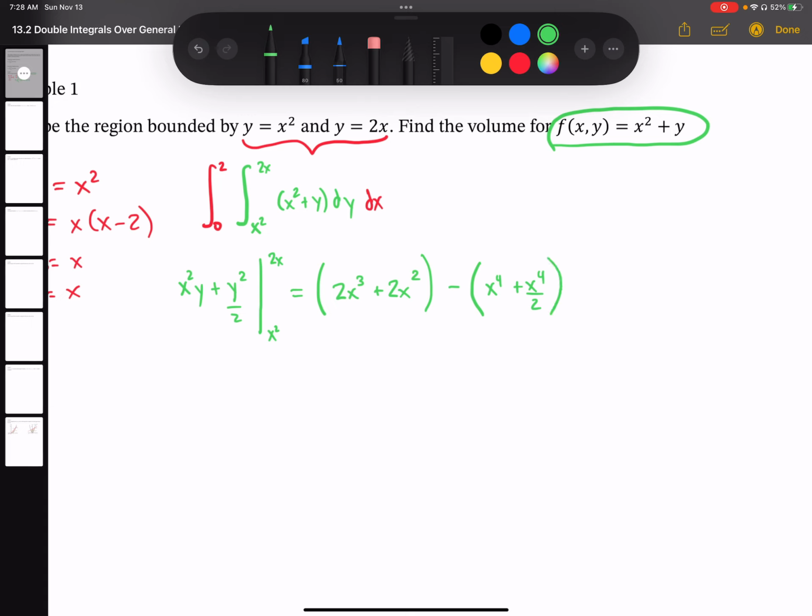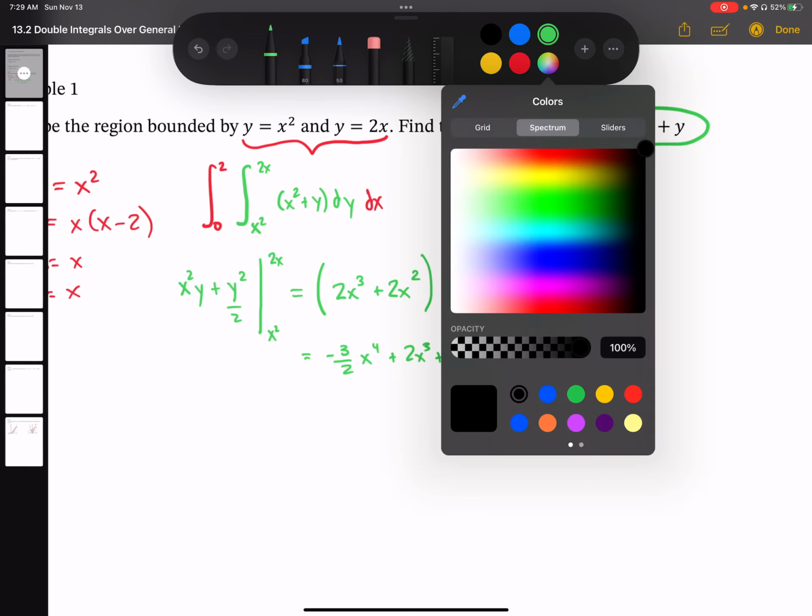So if we simplify this, we get 3 halves x to the fourth, and then we distribute our negative. So we get negative 3 halves x to the fourth, and then we just have plus 2x cubed plus 2x squared. Cool. And so let's change it up.